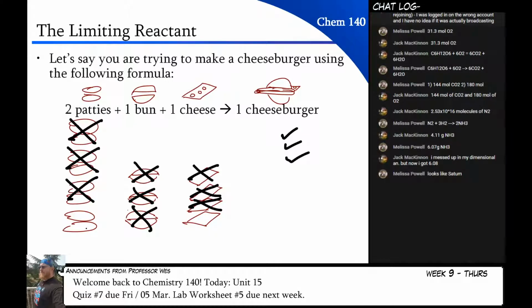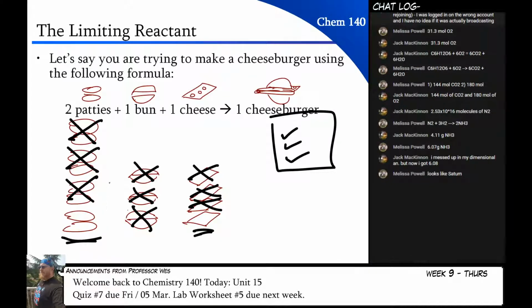And now when I get to this next part, it's like, uh-oh, I can't make any more burgers. I ran out of buns. I have plenty of patties and cheese left to make another burger, but I don't have any more buns. So I am limited to making only these 3 burgers. These reactants will remain unused.